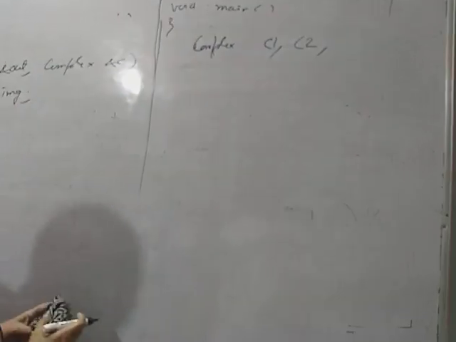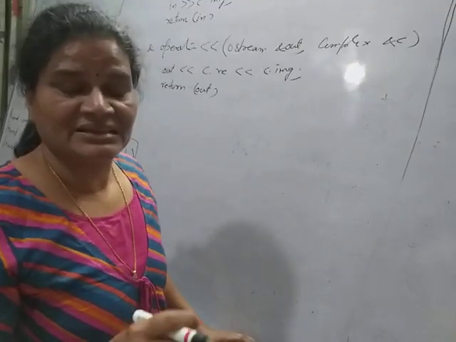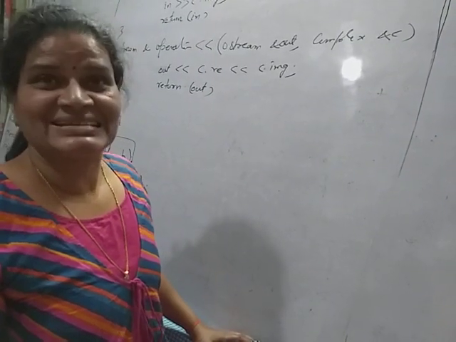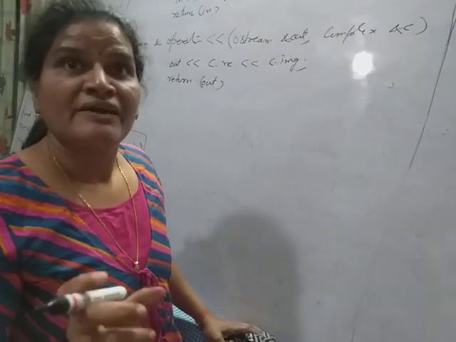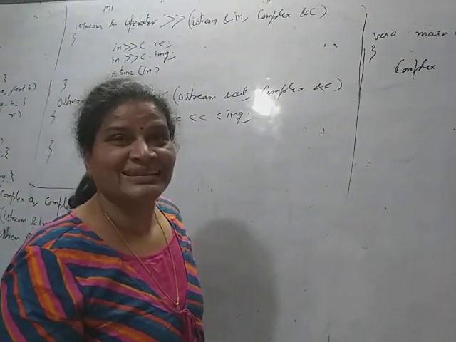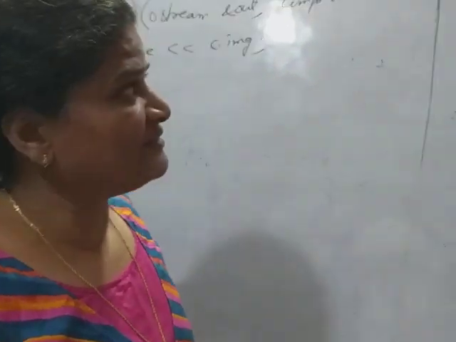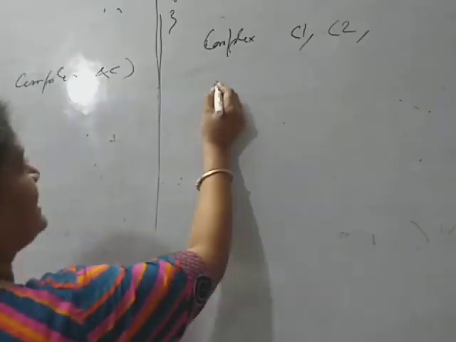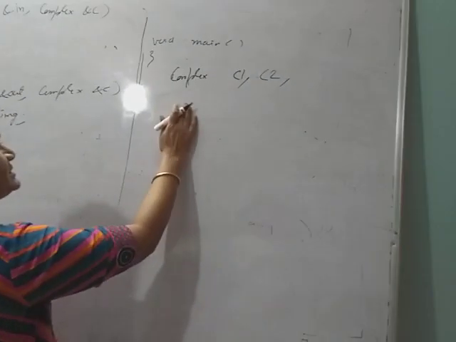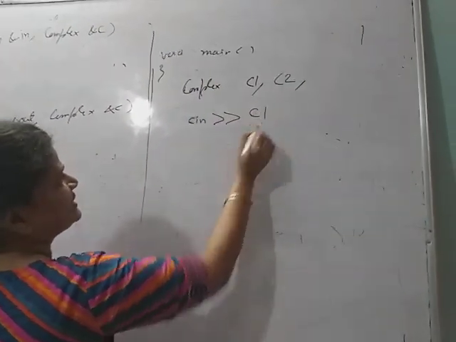This is possible, that you can overload the extraction and insertion operator using friend function. Okay, so here I am overloading the extraction and insertion operators using friend function. So I can call it with what? cin >> C1.